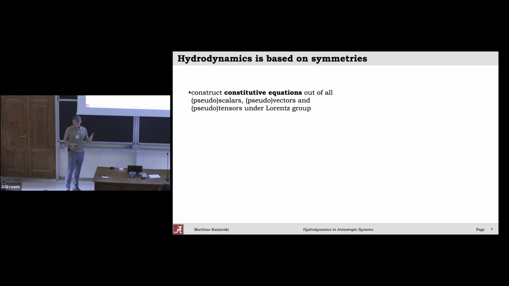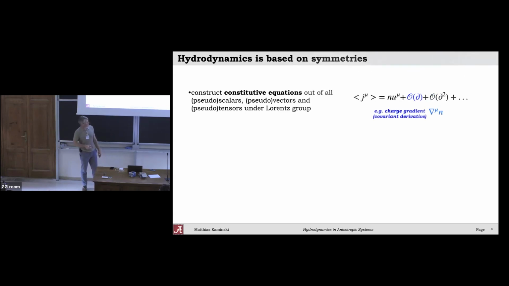So then you can also talk about generating the Schwinger-Keldysh action or a generating functional. You would construct them out of all pseudoscalars, pseudovectors, and pseudotensors, which transform accordingly under the Lorentz group. And part of the Lorentz group is also rotation, that's why I'm mentioning it here. Here's an example for the charge current, let's say the vector current.